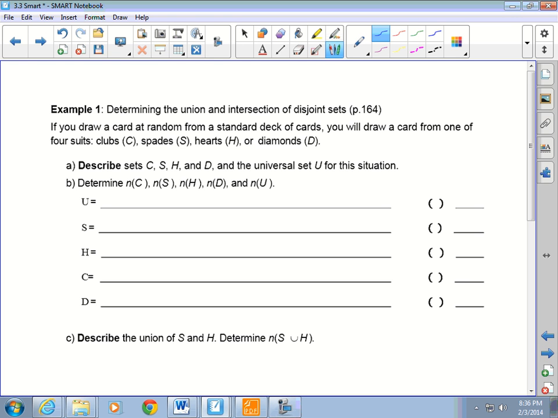So a universal set U would be drawing a card from a deck of 52 cards.